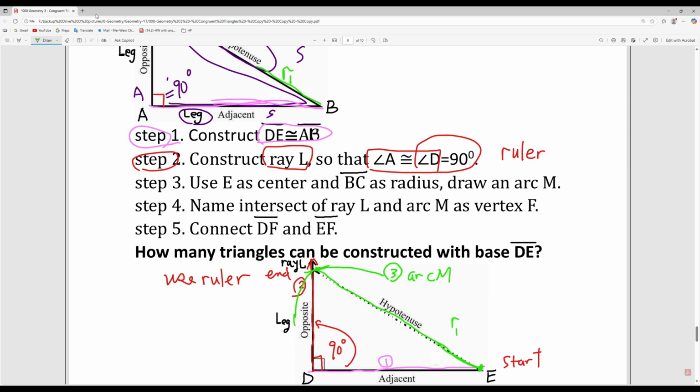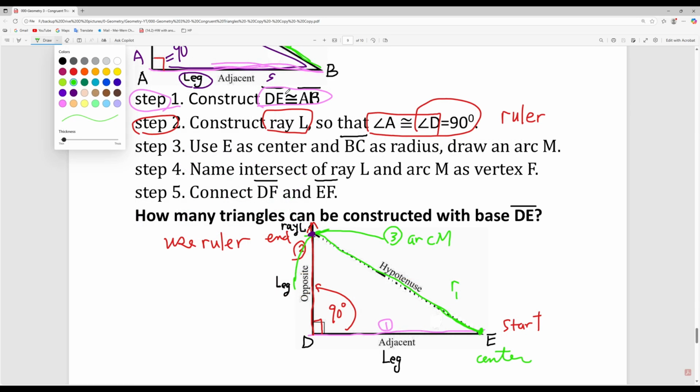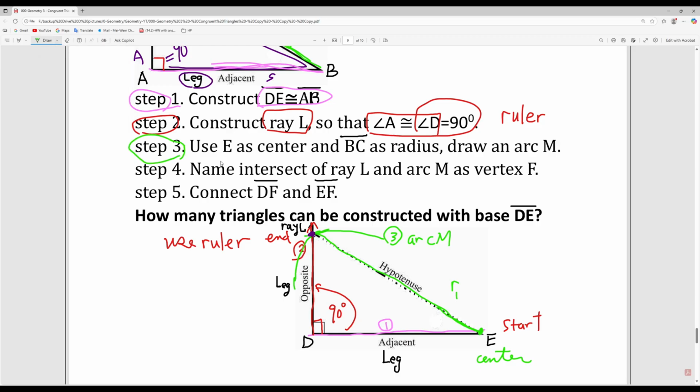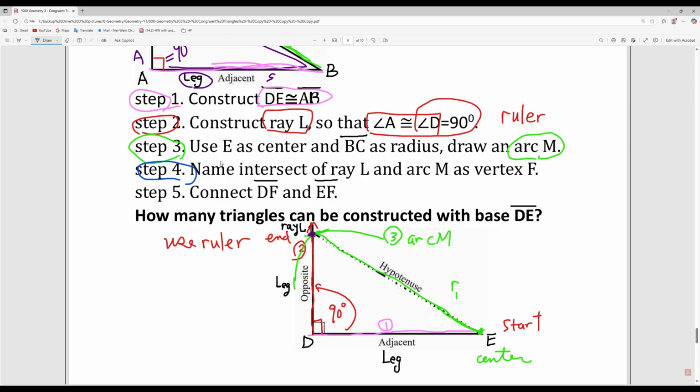So you use BC as radius to construct arc M. So this is step 3, and we construct arc M. Step 4, name the intersect of ray error and the arc M as vertex F. So this is vertex F. Step 5, connect DF and EF.